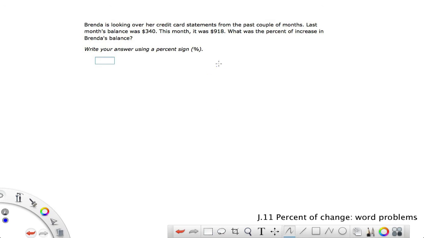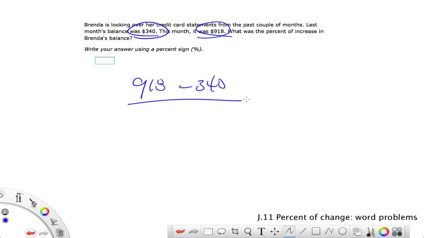Last example. All right, last month it's 340. This month it's 918. So 918 minus 340 over 340. So if we use reverse addition, if I add 600, that's too much. This has to be 500. It's going to be 500 and 578 over 340.